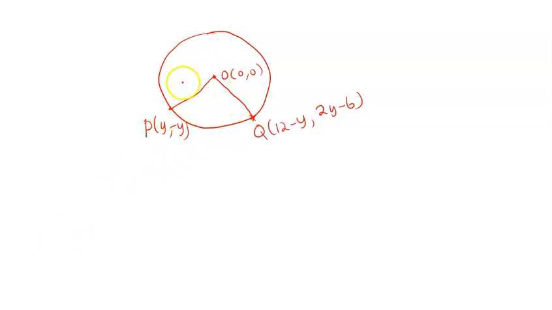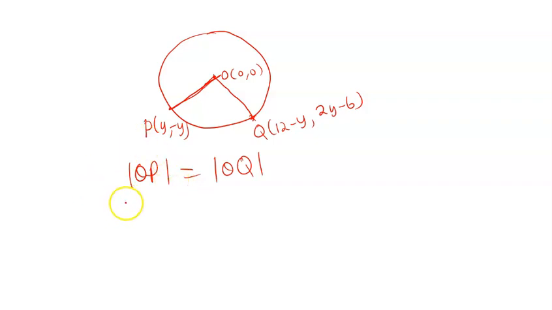Now OP is the same as OQ. Yes, they are radii. When you draw a line from the center of a circle to any part of the circle, it's called the radius. So this line is from the center to this point. So this is a radius, so they are the same. And it is the distance.